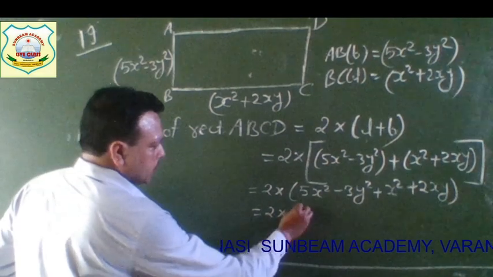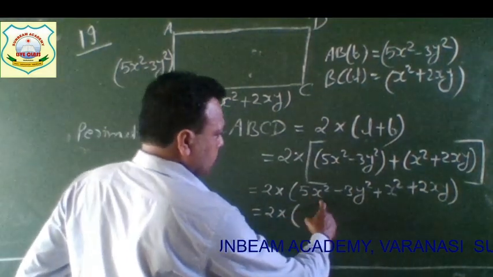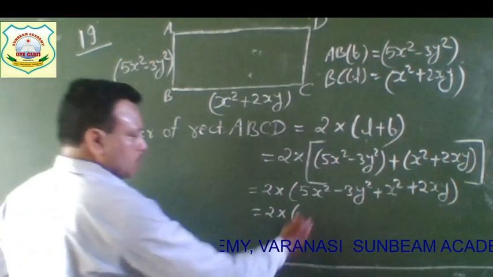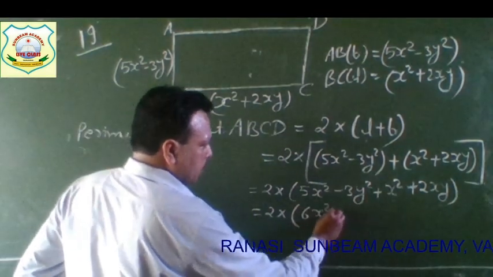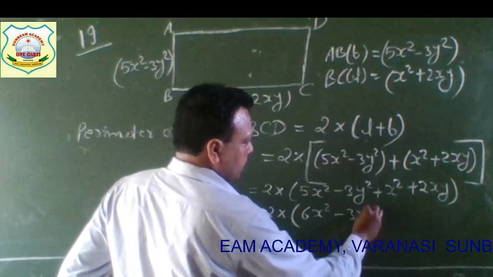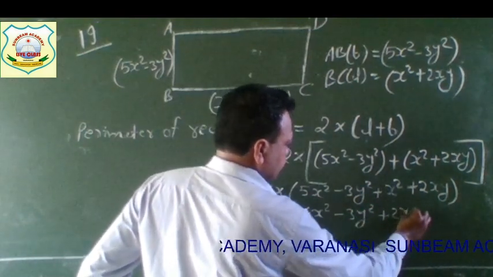Now the like terms: 5x square plus x square, what will come? 6x square. So we write 6x square minus 3y square, there is no other like term, and plus 2xy.